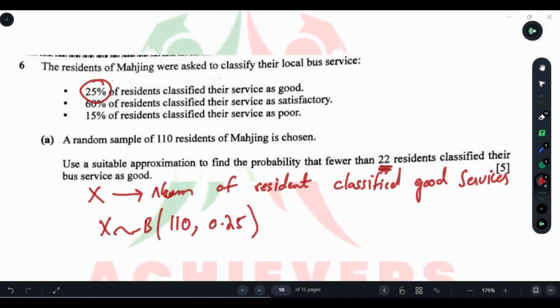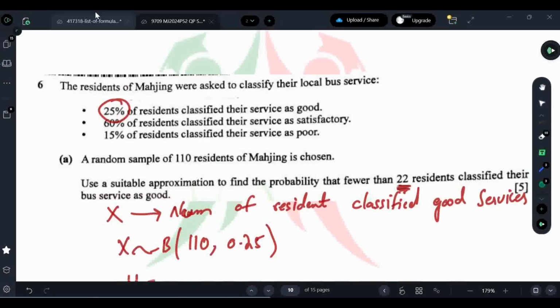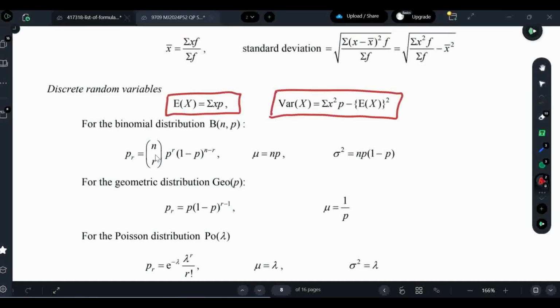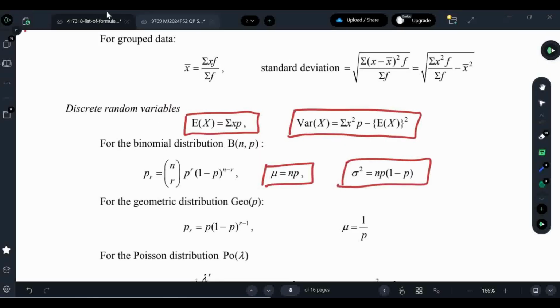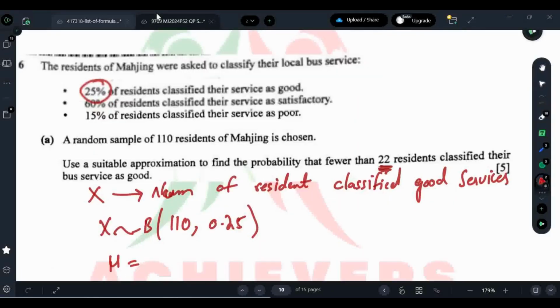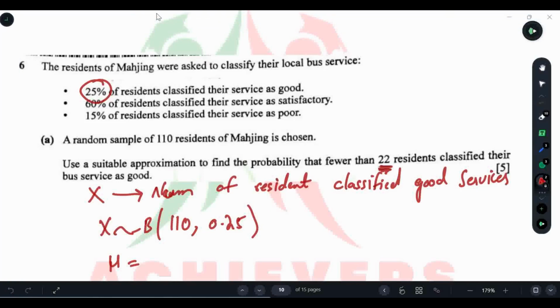So mu will be equal to... We know that for binomial distribution, how can we find the mu? Mu is equal to np, and sigma square will be equal to this thing. So we can directly use these two, and np means if you multiply 110 into 0.25, what will be the answer?